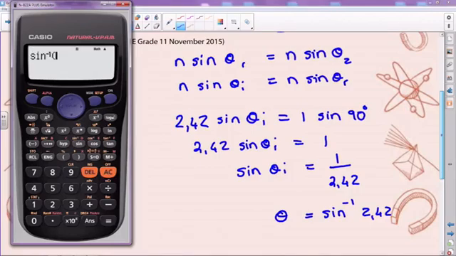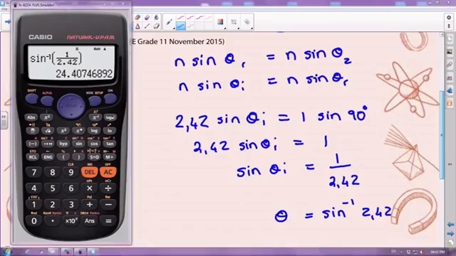Shift, sine. Let me just double check myself here, because I could be getting myself in knots, which doesn't help you. Take that away. There we go. That's better. Okay, so you do need the 1 over.